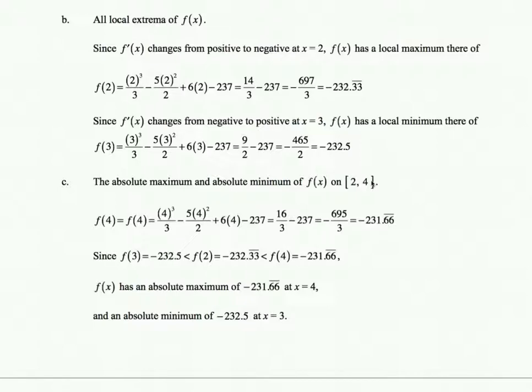You evaluate the function at the endpoints and any critical values in between. Well, the only critical value in between 2 and 4 is 3, and we found the function at 3 to be negative 232.5. One of the endpoints, the left endpoint of the interval, is 2. We've already evaluated the function at 2 and found that to be negative 232.33, repeating.